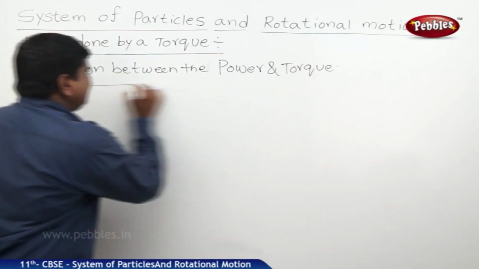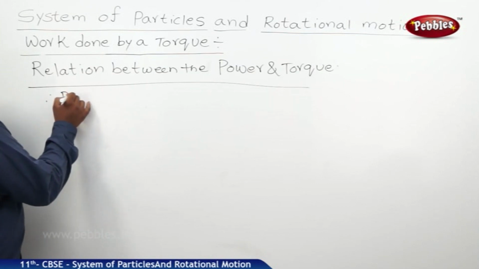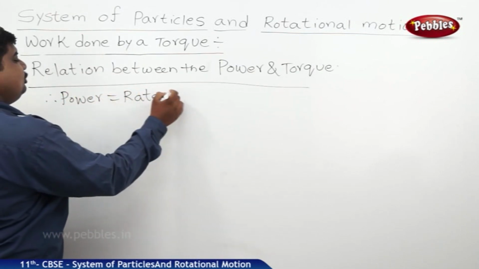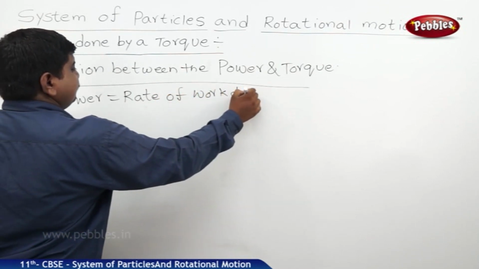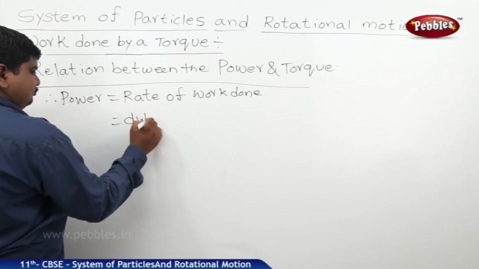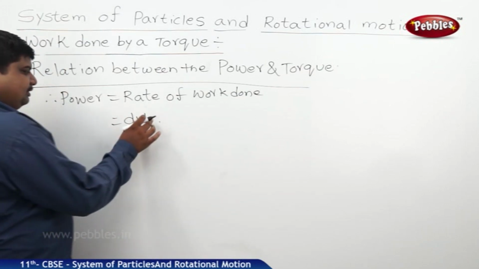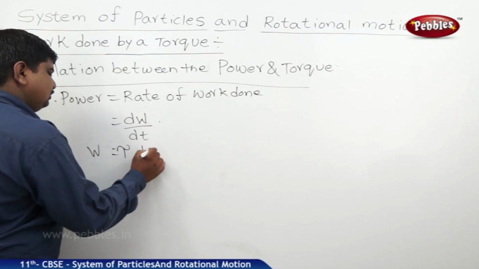We know that power is equal to rate of work done. Therefore, power is equal to rate of work done, that is nothing but dW by dt, work done by time. From the previous expression, we can write W is equal to tau d theta.